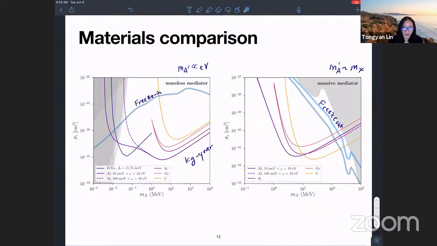So starting on the left, if you have an insulator, like diamond, or maybe the hydrogen atom, that would give you something like this yellow curve. So that will have the highest threshold, delta E of 10 electron volts. So it will only go down to order few MeV in dark matter mass.